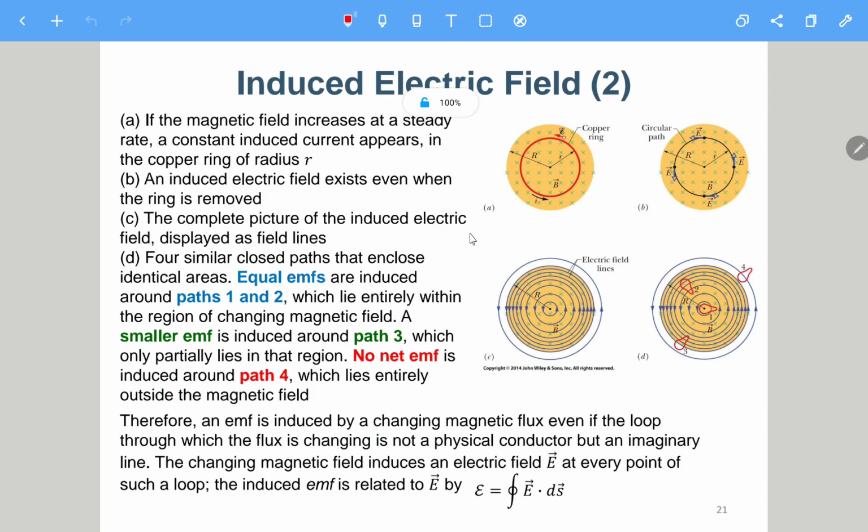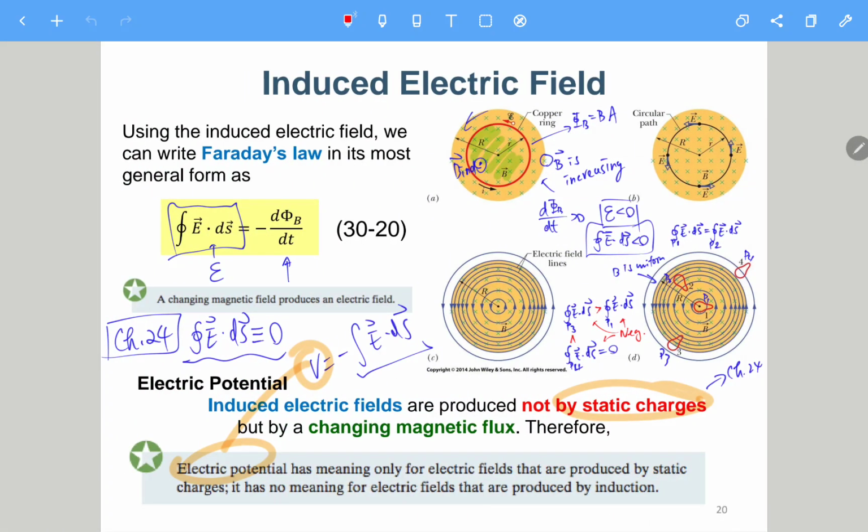Okay, so here it also mentions that equal EMFs are induced around path 1 and path 2, which lie entirely within the region of changing magnetic field, and a smaller EMF is induced around path 3. So when we talk about the magnitude, when we take the absolute value of E dot ds, path 1 and path 2 should be larger than path 3, which should be larger than path 4.